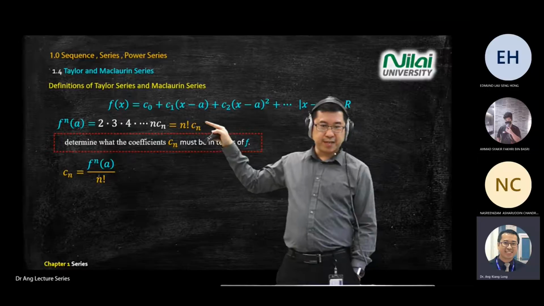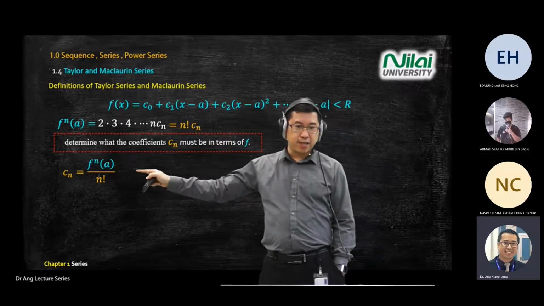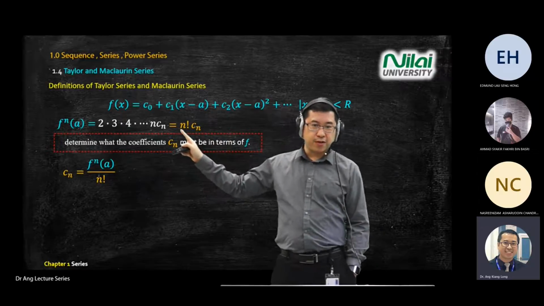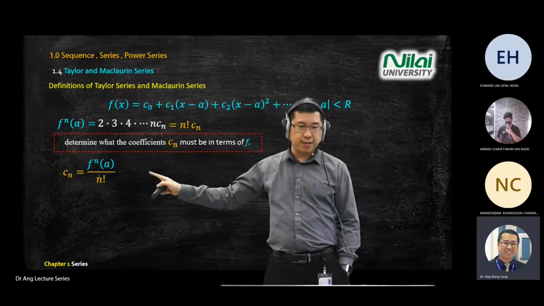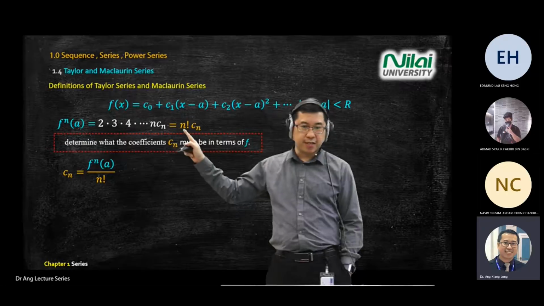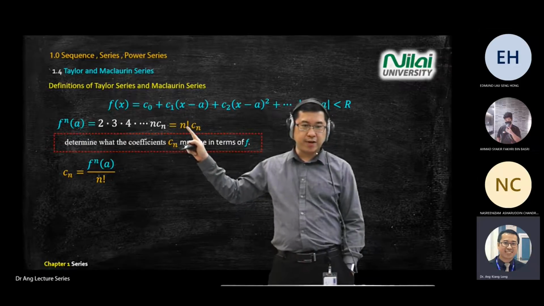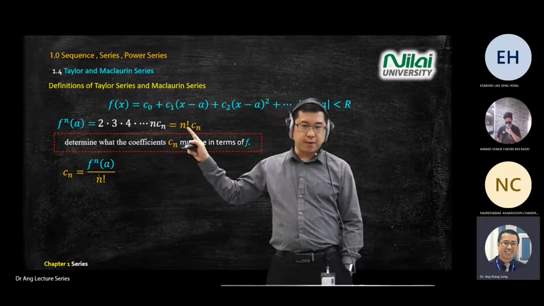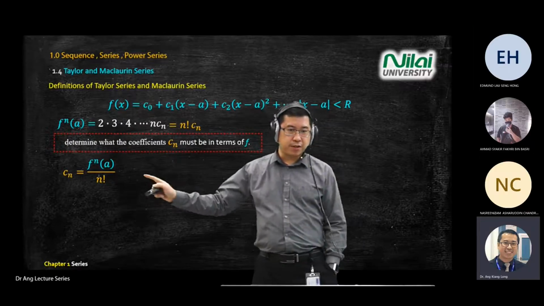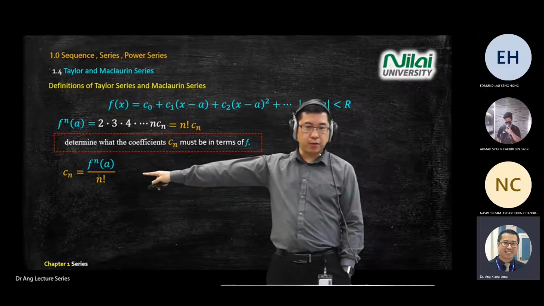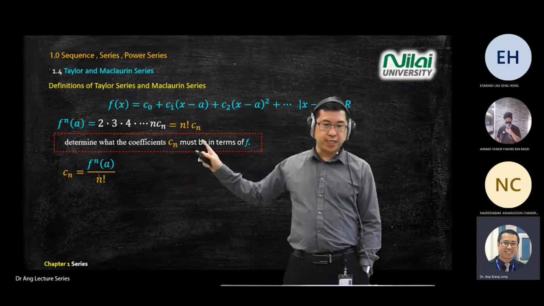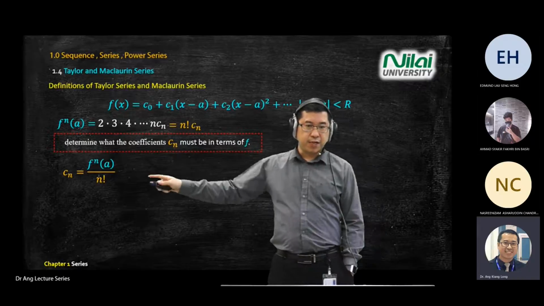I don't need to explain, right? From here to here, you just move your n factorial to the left, which means divide. When you move from the left to the right or right to left, multiply becomes division. This is the equation that we are looking for when we want to find Cn in terms of the function.